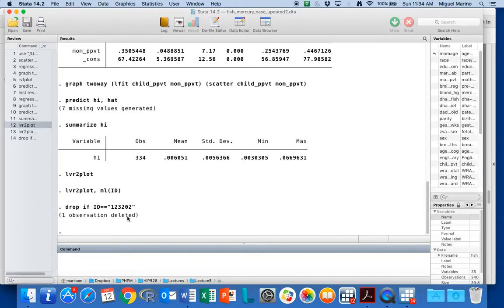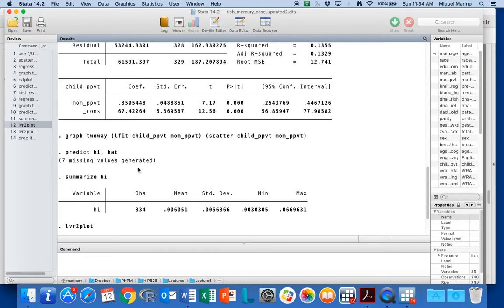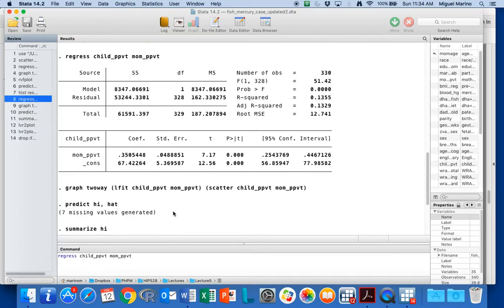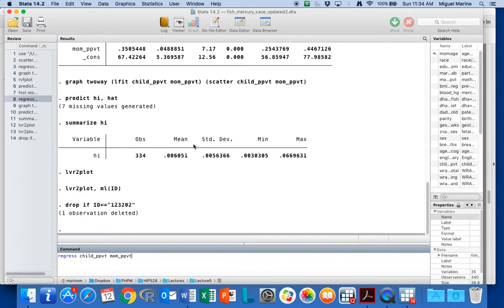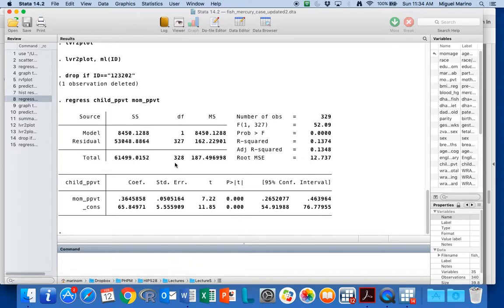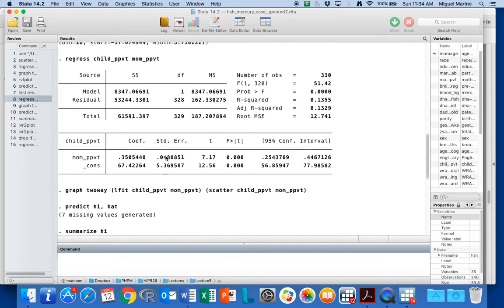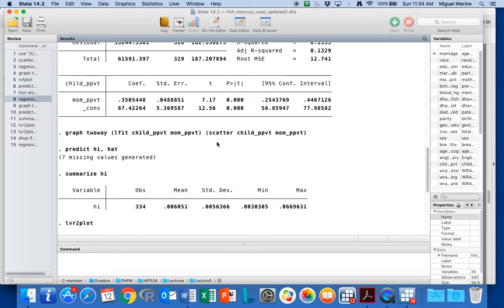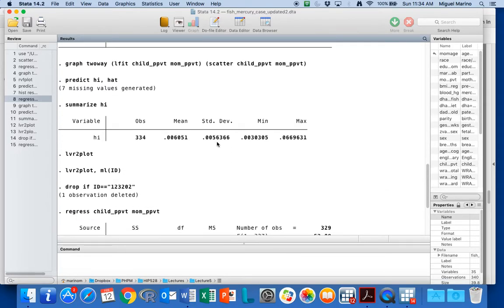So one observation was deleted, and then I could rerun my regression here. So let's regress child mom PPVT, and so let's compare. So again, before we had 330 subjects, and I removed one because they were a potential outlier.